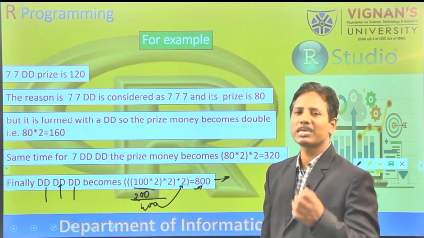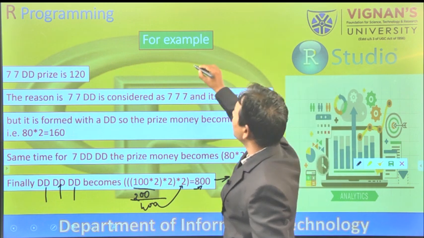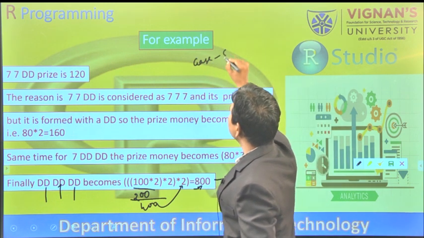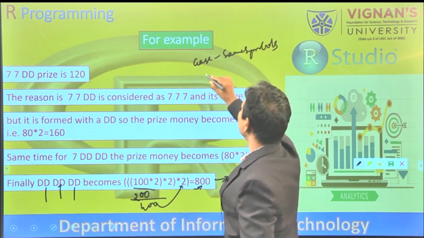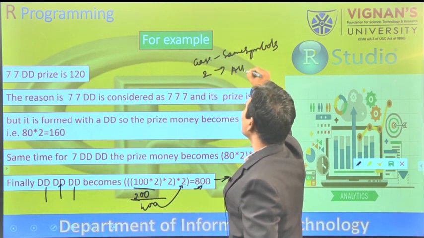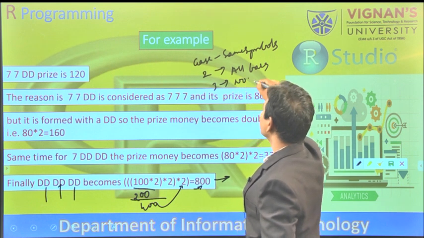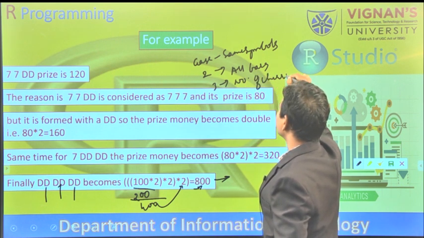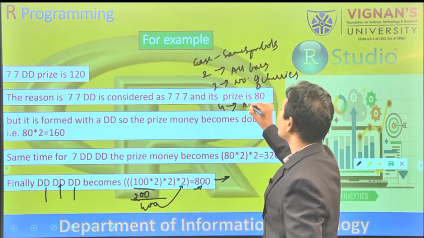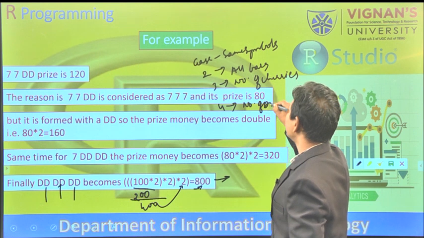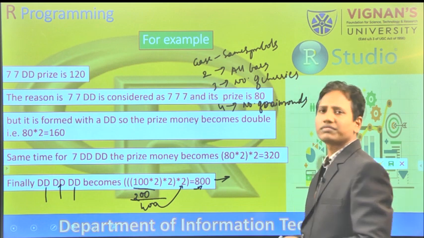So here how many cases we found? Okay, we found that first case is same symbols, second case is all types of bars, third case is number of cherries appeared, and the fourth case is number of diamonds occur.